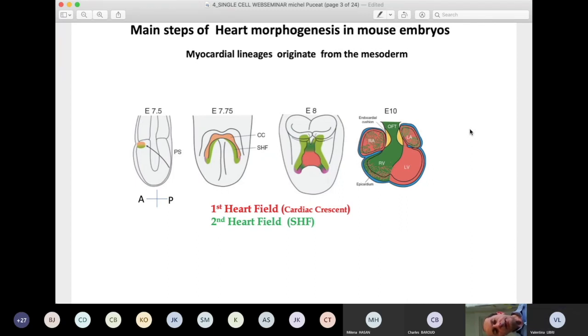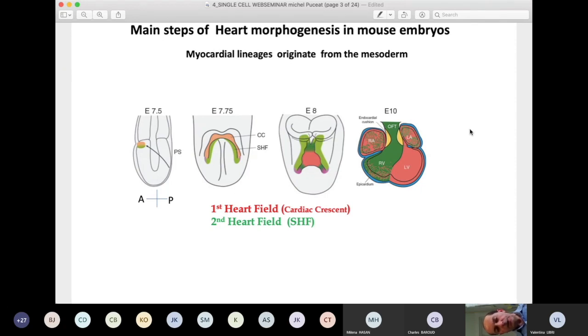It starts very early at the primitive streak at E7.5, when the cells from the mesoderm in the posterior region migrate to the anterior regions. Because this is a cylinder, both sides are going to join and form what we call the cardiac crescent, because it has the form of a crescent.